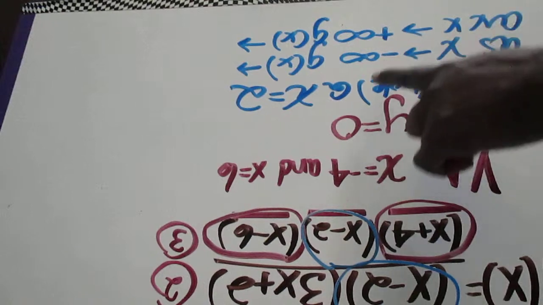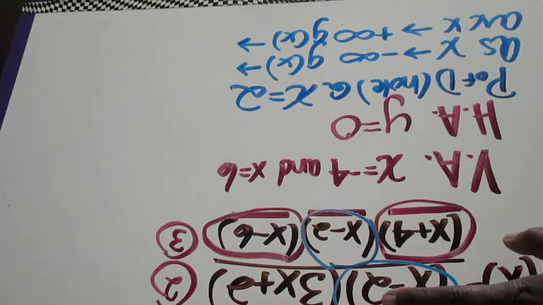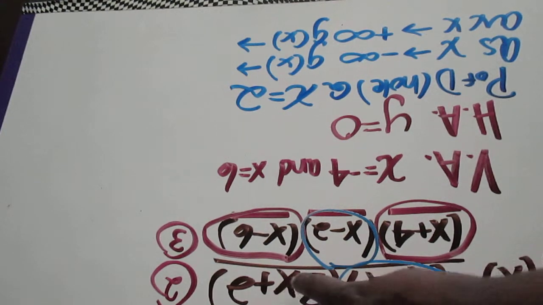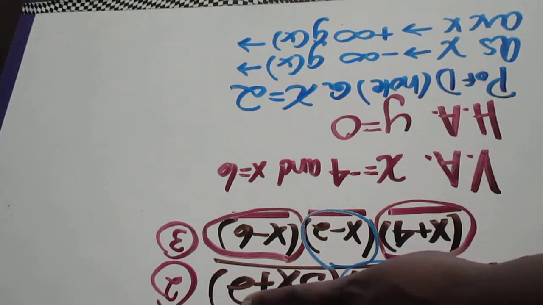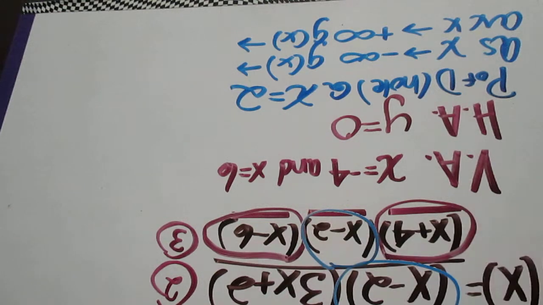If I plug in a negative number into this function, you end up with a negative times a negative, right? If I plug in a negative number, let's say negative 1, it'll be negative 3. And negative 3 plus 2 is negative 1. So when you multiply that, that'll be a positive.